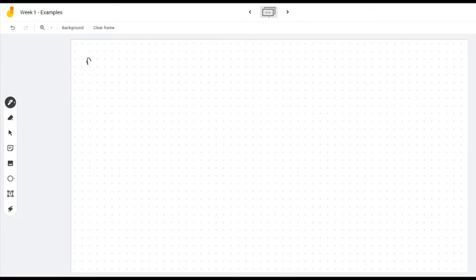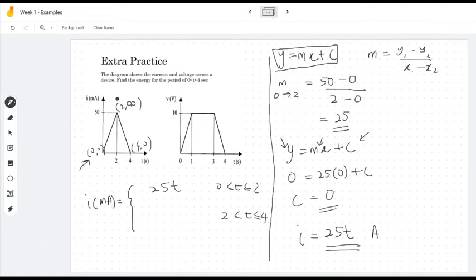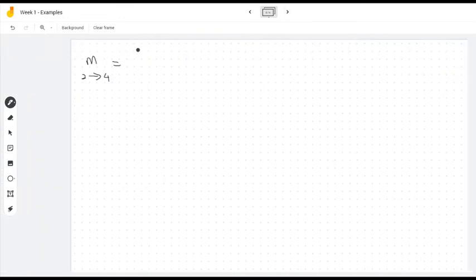So you have to get your m from 2 to 4 the same way, the equation y1 minus y2 over x1 minus x2. So I'm just going to take again, this one is x1, y1, this is x2, y2. So y1 is 50 minus y2 is 0.